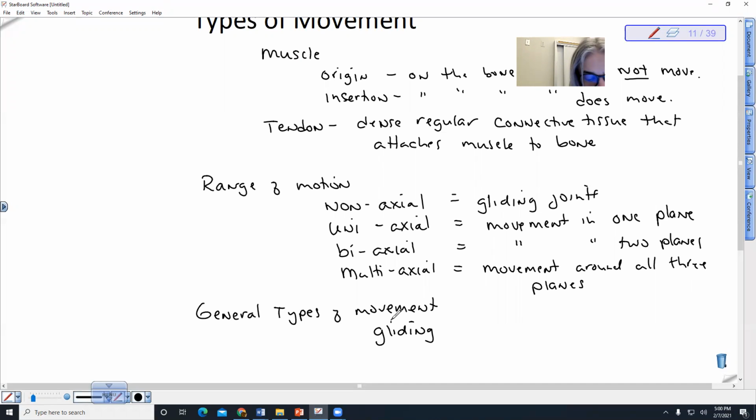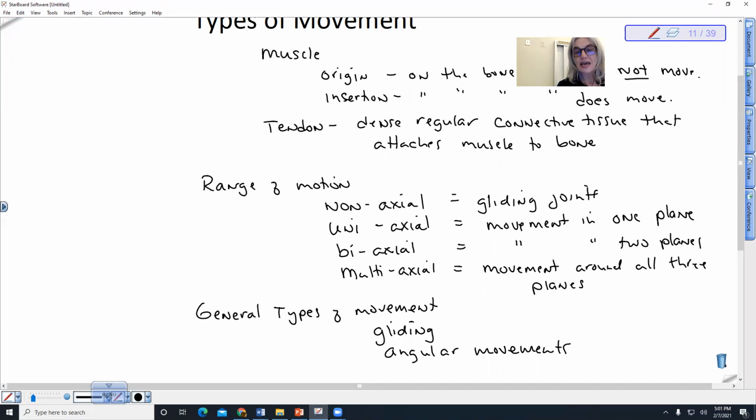We have angular movements. So maybe this would be the angular movement of my elbow joint because I'm changing the angle of the forearm relative to the upper arm when I'm doing flexion of the forearm at the elbow joint.